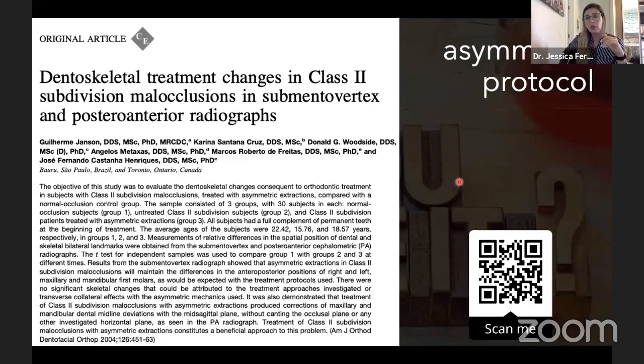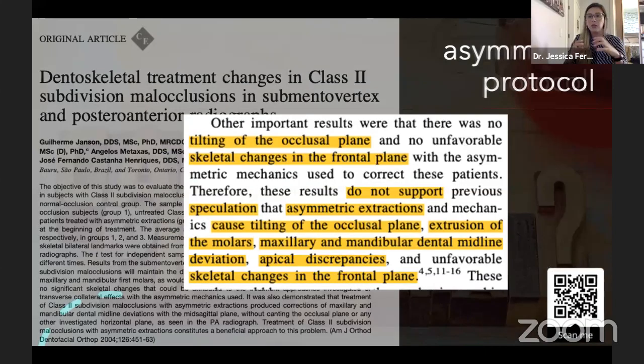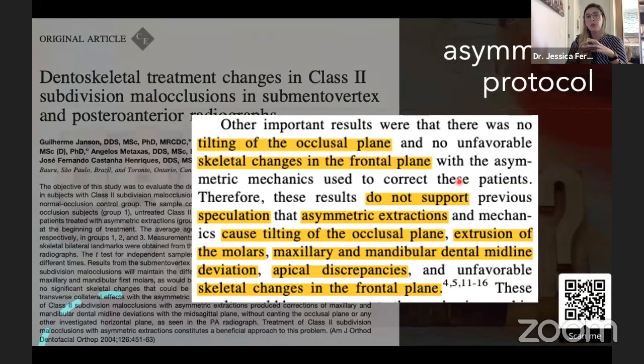To evaluate the class 2 subdivision treatment, they concluded that the treatment with asymmetric extractions will not cause any tilting of the occlusal plane, any extrusion of the molars, maxillary and mandibular dental midline deviation, apical discrepancies, and unfavorable skeletal changes in the frontal plane.